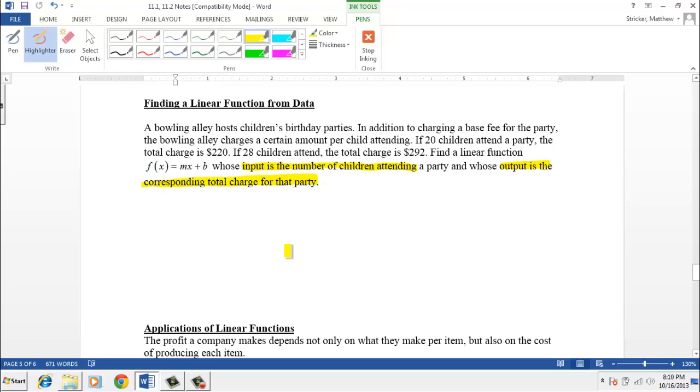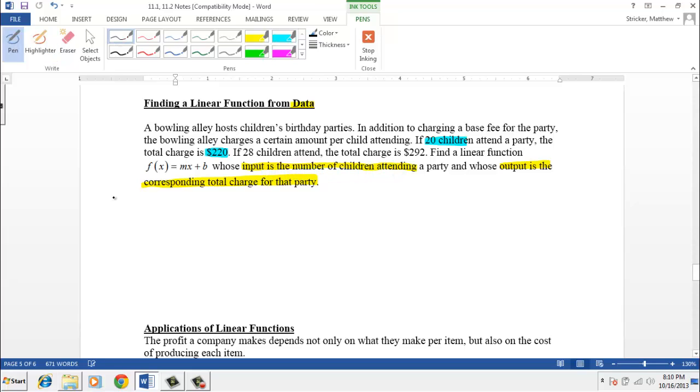Well, that's significant right there because that's telling us how to organize our data. We have data. We have really, in the first scenario here, our 20 children, charge is $220. That's an ordered pair. Remember, the input, the x, is the number of children attending.